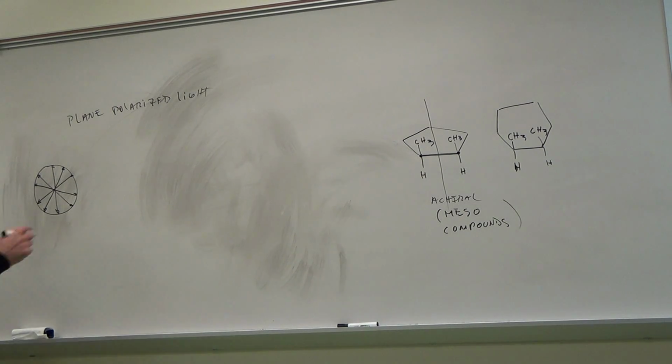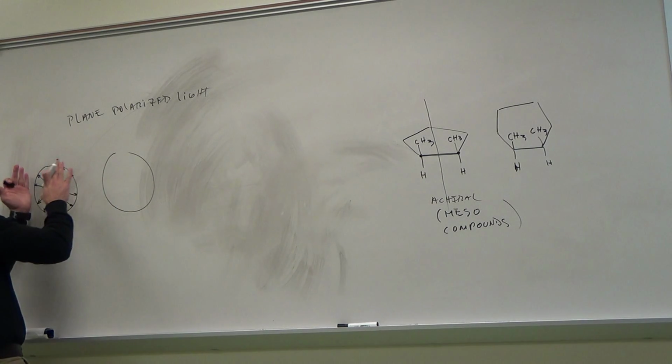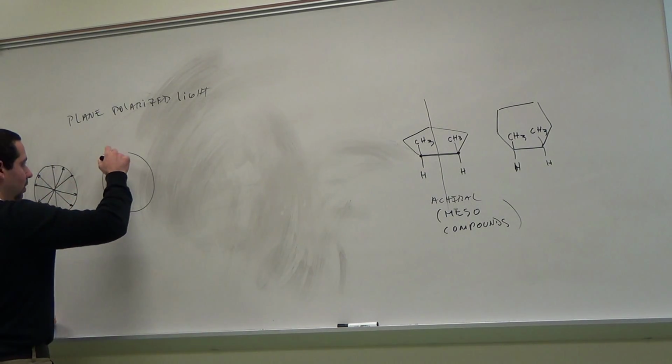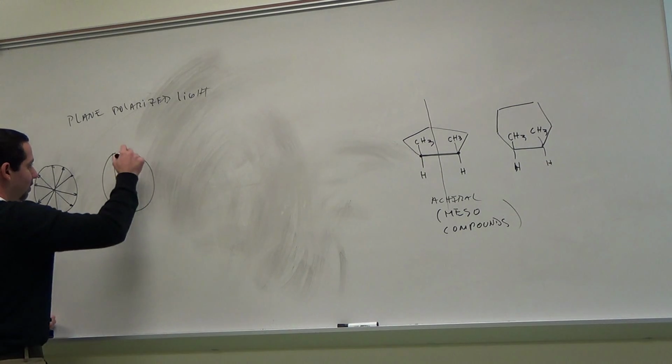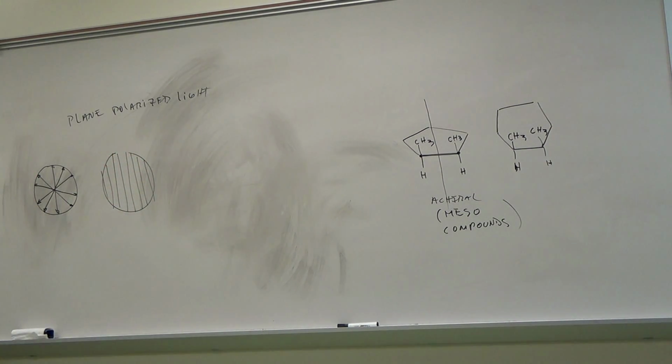Now, when you pass this light through a polarimeter, of course, this is in a tube. A polarimeter will have lines like this, and only one plane of light can pass through the polarimeter.